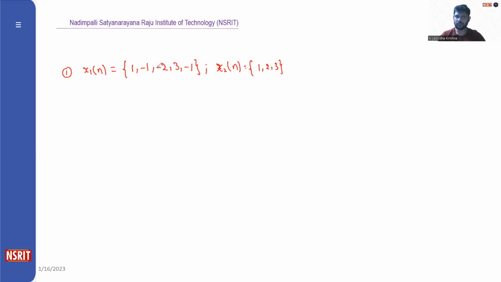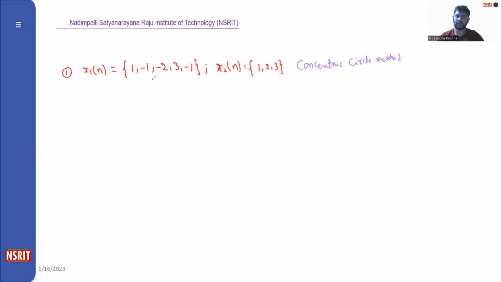Remember, they will ask for the concentric circle method, so we solve this problem using the concentric circle method we studied. Before solving, first check the length of the two signals.